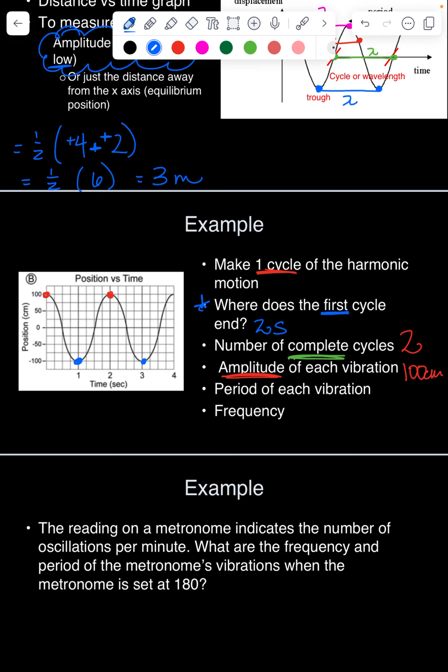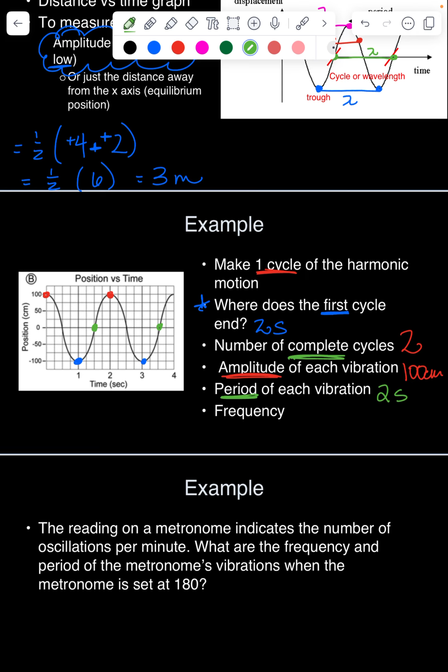So you would do 3 minus 1, which is 2 seconds. What if we chose the beginning of this point to the very same point on the next wave? That would be 3.5 minus 1.5, which is 2 seconds. So it doesn't matter what points you choose, as long as you're choosing the correct points and then subtracting. So the period of each vibration is 2 seconds.